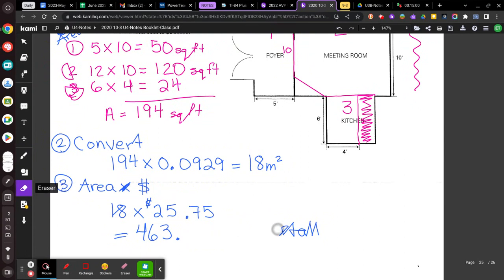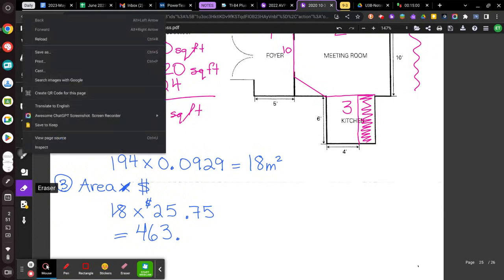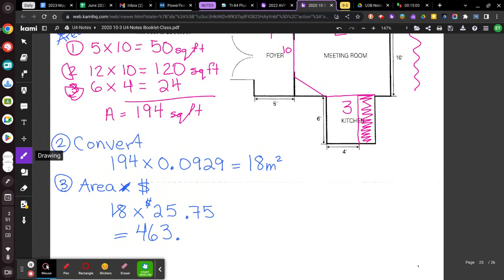How much is the install? Install is 560. So plus 560. Okay, 463.50 plus 560. Okay, let's try it again.